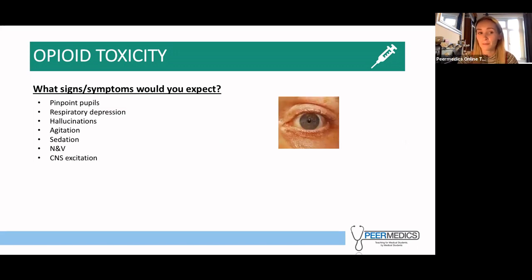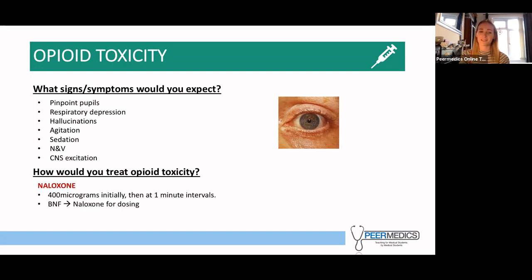So absolutely get pinpoint pupils, respiratory depression, hallucinations, agitation, sedation, nausea and vomiting, and CNS excitation. So does anyone know how you treat this? Yeah, brilliant. So you give naloxone.